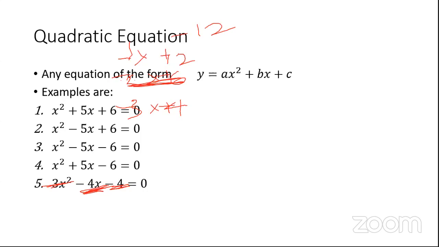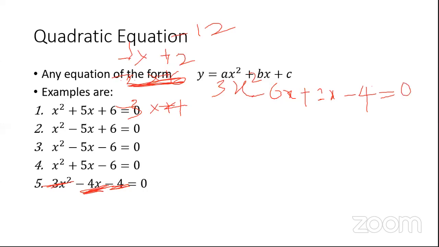So I'm going to have 3x squared, and instead of having minus 4x, I'm going to have minus 6x plus 2x, or 2x minus 6x, whichever one, minus 4 equals 0.